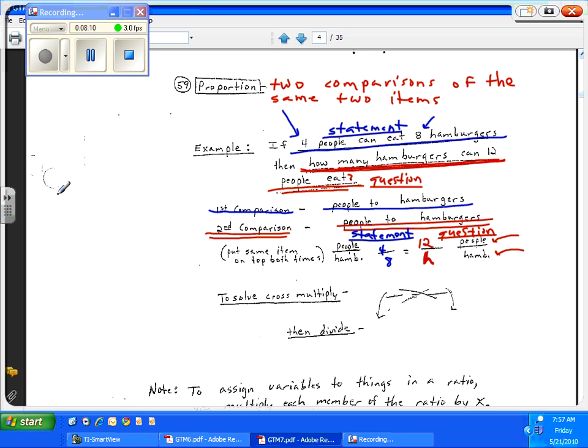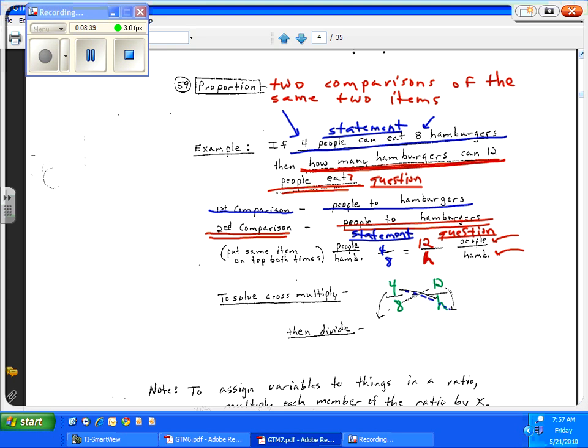Now we could reduce the 4 over 8. If you wanted to reduce it to 1/2, you can reduce like that, or you can just leave it 4/8 and then cross multiply.